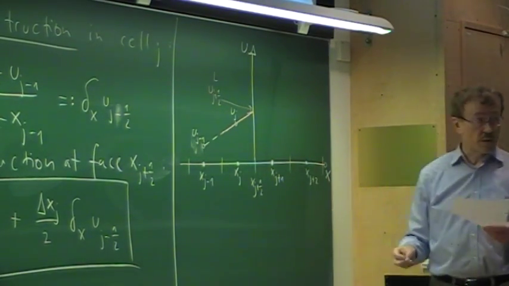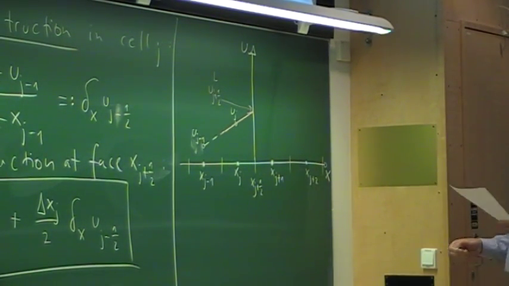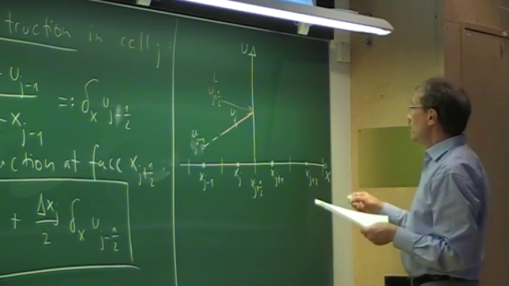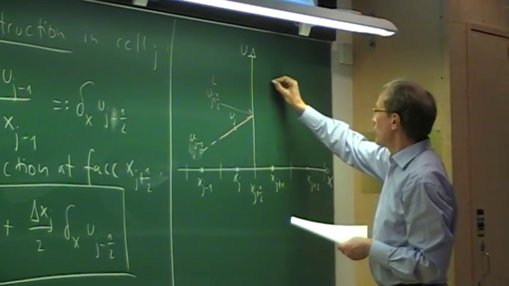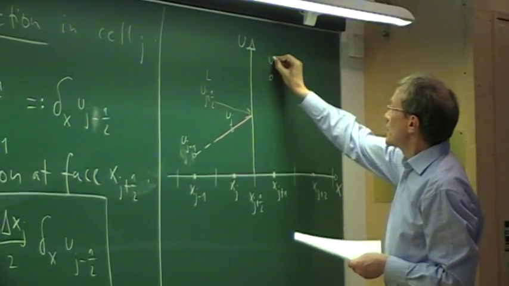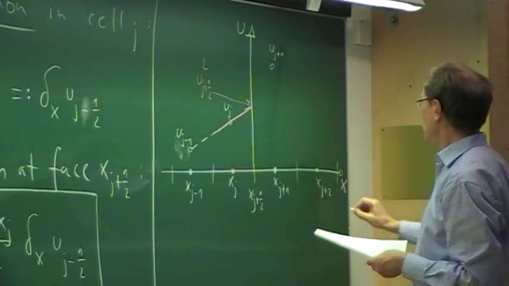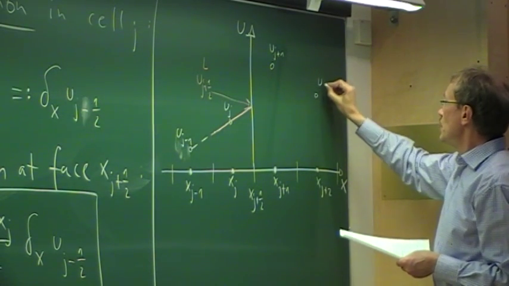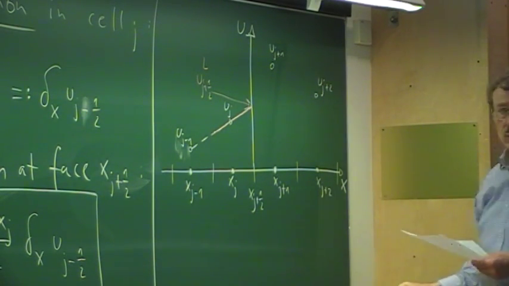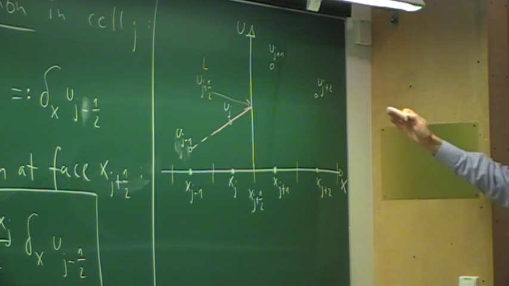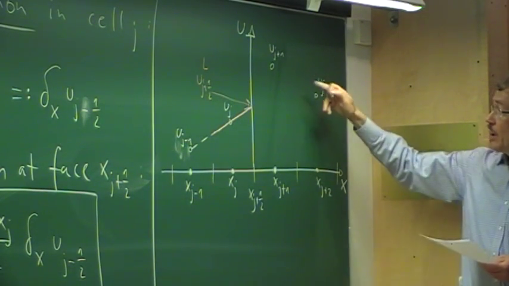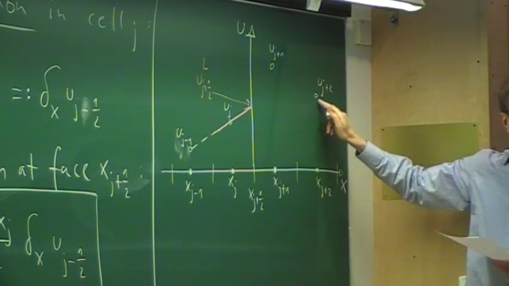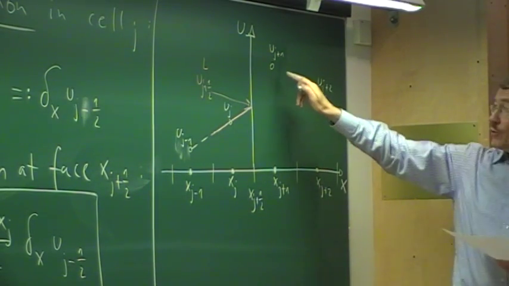Now we do the reconstruction in the cell j plus 1. We assume that we have a cell average here, which is uj plus 1, and let's say we have here uj plus 2. Then we do it in a similar way, but now we take the slope between uj plus 2 and uj plus 1.